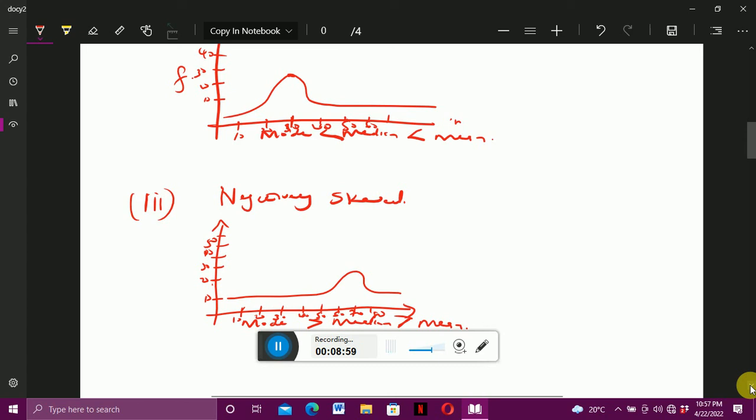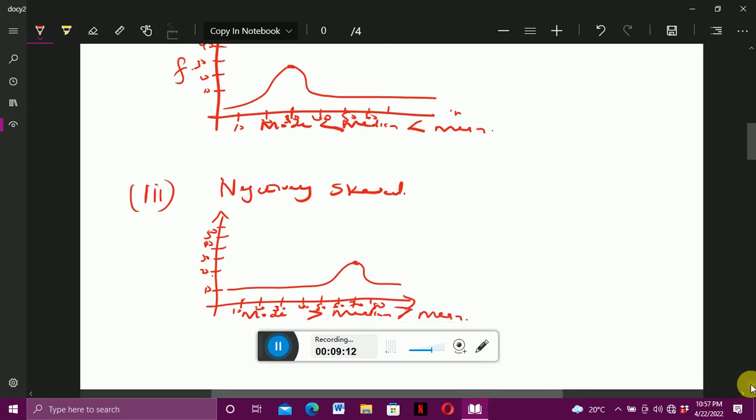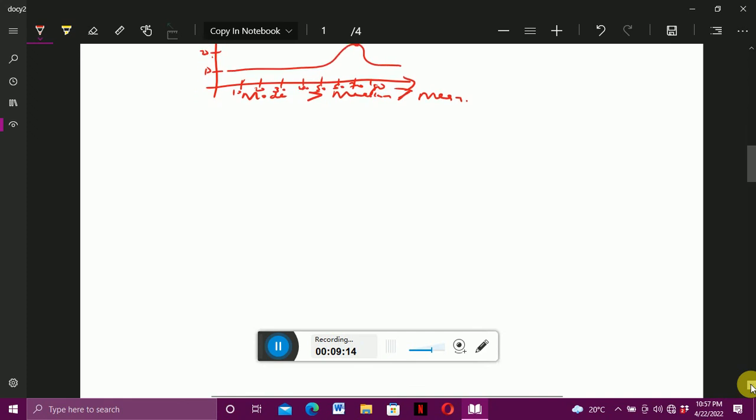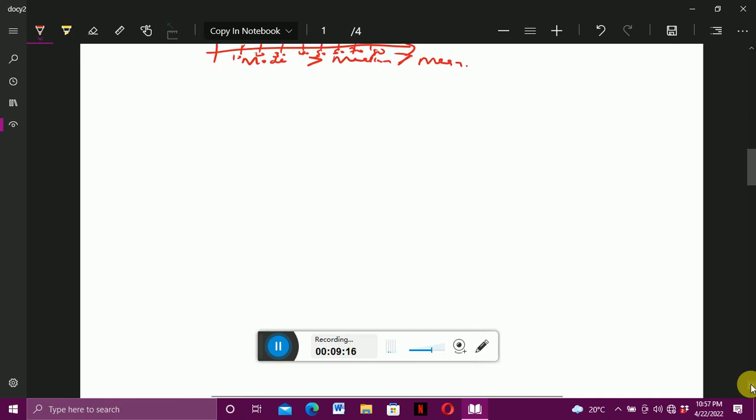You can see the peak is at around 70 marks. So if we have marks for students for an examination, we would rather have a negatively skewed distribution rather than a positively skewed distribution.